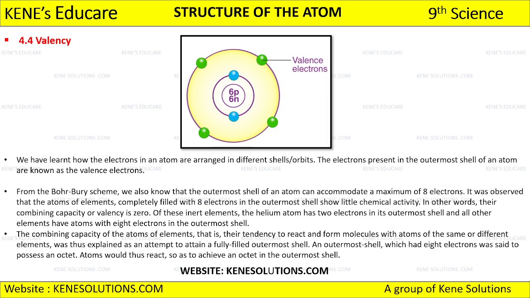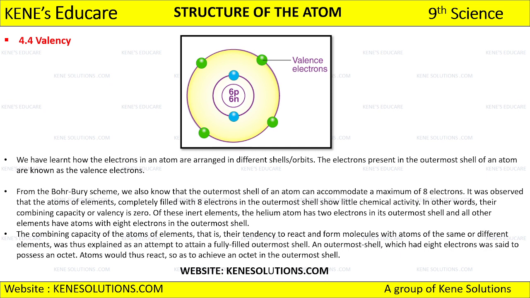From the Bohr-Bury scheme, we also know that the outermost shell of an atom can accommodate a maximum of 8 electrons. It was observed that atoms of elements completely filled with 8 electrons in the outermost shell show little chemical activity.